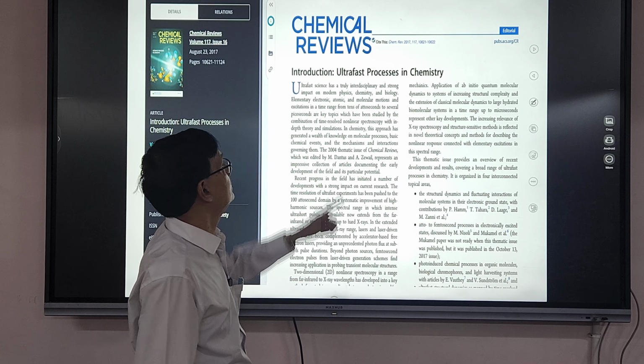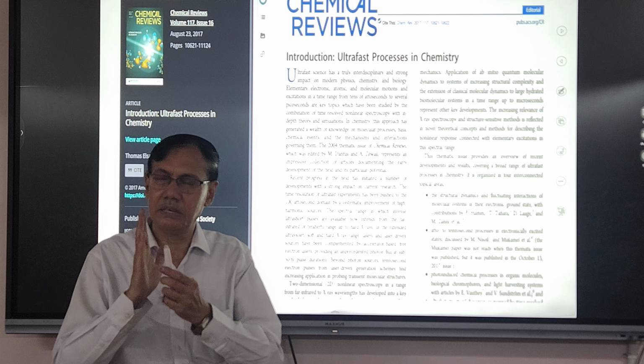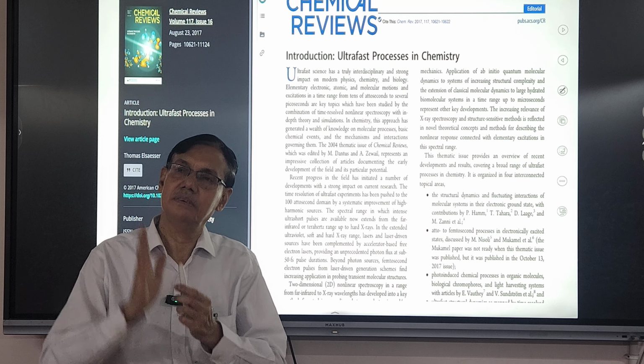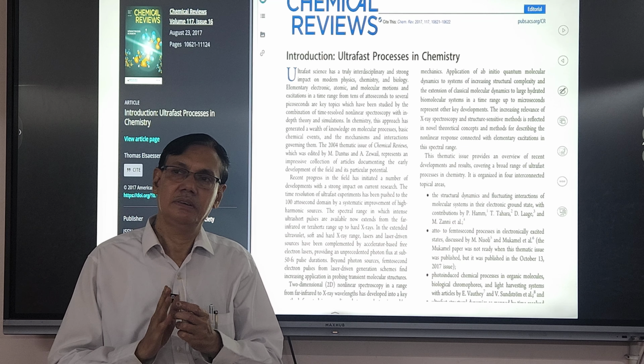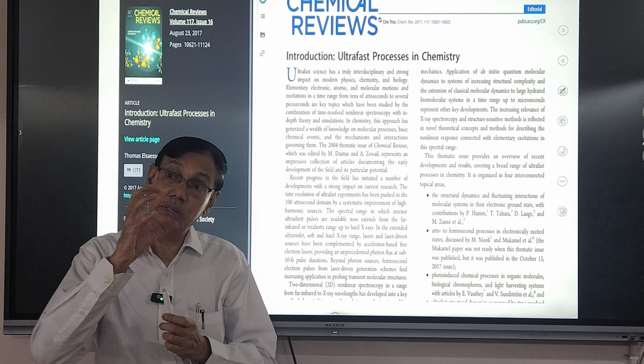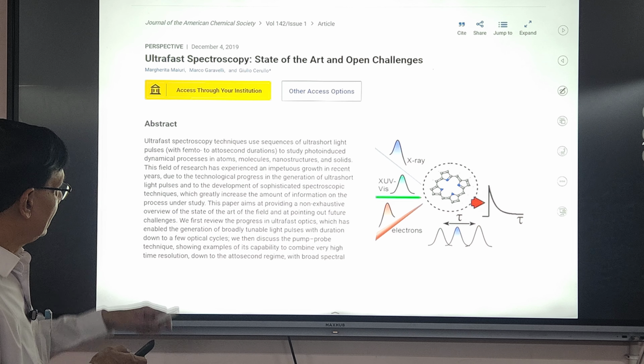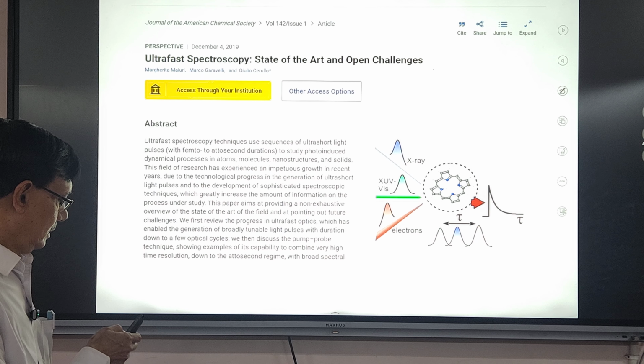So in order to capture all those motions, we need a short-lived pulse that can monitor those things. So we need some laser. That is the theory behind these things. And you know that there are so many ultrafast spectroscopies, state-of-the-art and open challenges, femto to attosecond durations.